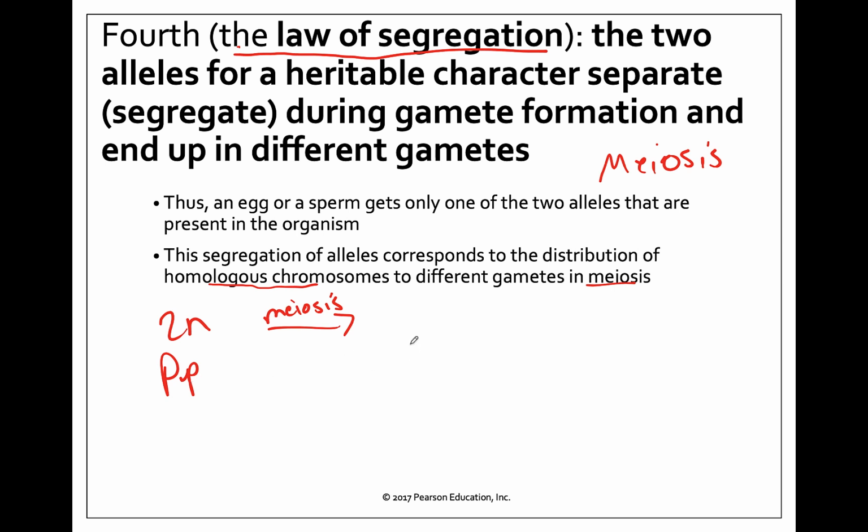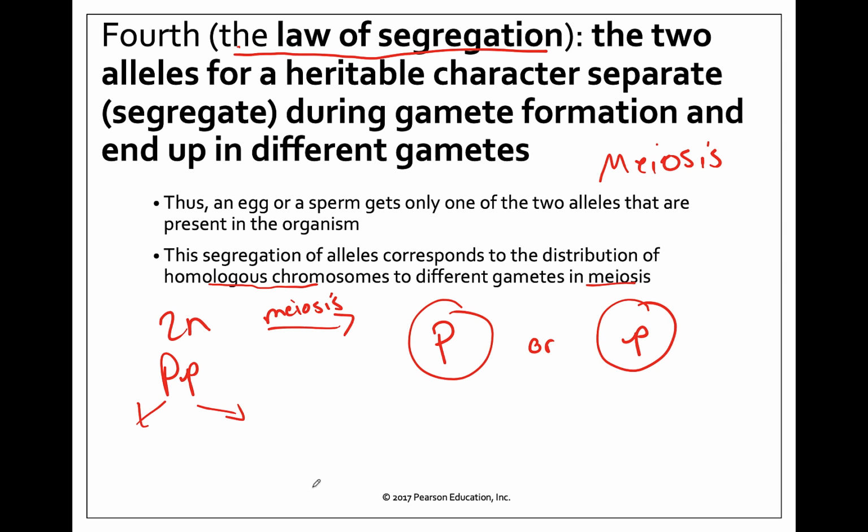This individual can pass on eggs or sperm that have half of the number of chromosomes. Right now we're just focusing on these two chromosomes right here. The two options for the gametes, let's say this is an egg: the egg could be big P, or we can make eggs with little p. You're not going to make eggs with both of them in there. During meiosis, these two are going to separate from each other and be inherited independently.